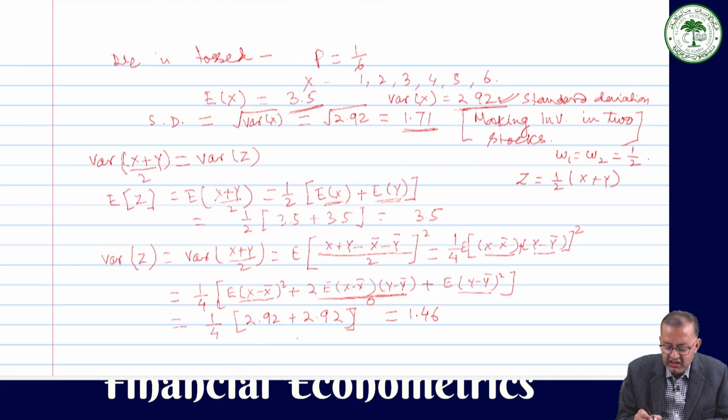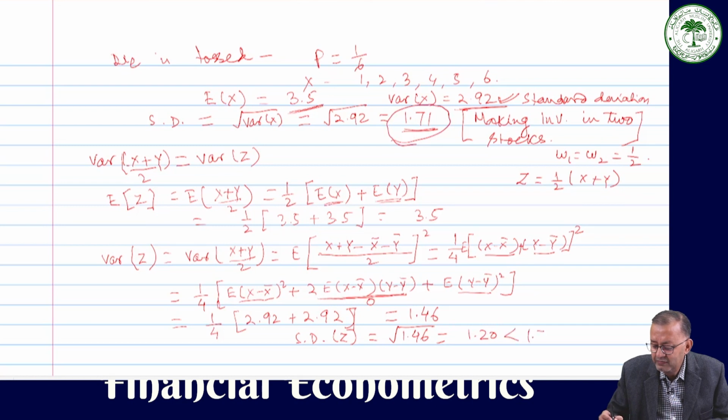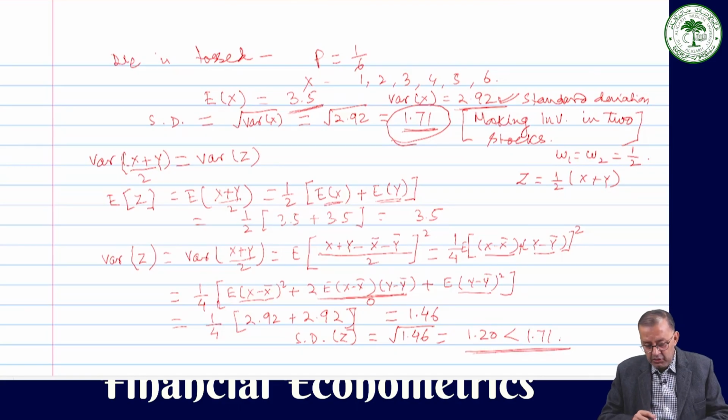And what is the standard deviation of z? This is the square root of 1.46, and this comes out to be 1.20, which is less than this number 1.71. So what do we infer from here?